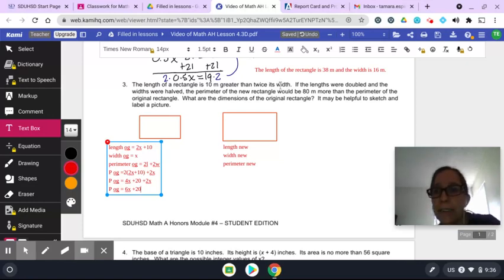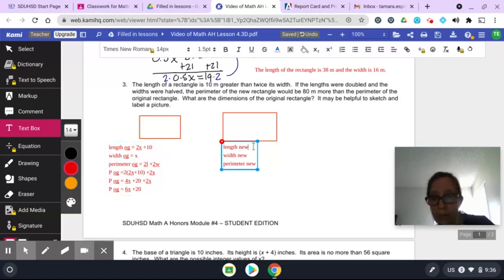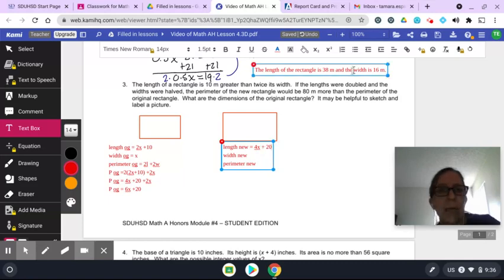You're like, what? Just working on my expressions. That was sentence 1. Here goes sentence 2. If the lengths were doubled, if my length was doubled, 2x plus 10 doubled, my new length would be 4x plus 20. And the widths were halved. It was x. So if I'm halving my width, I'm at half x, 0.5x.